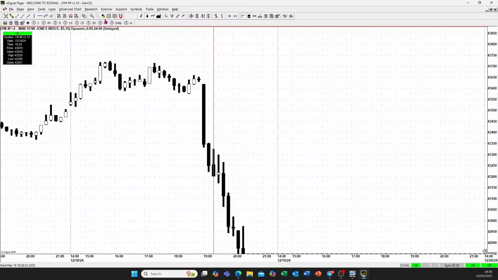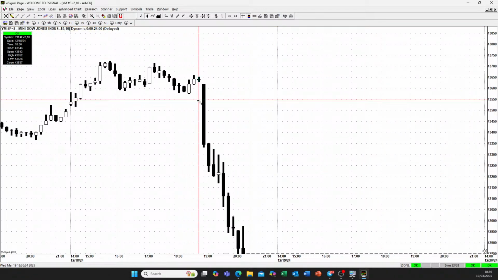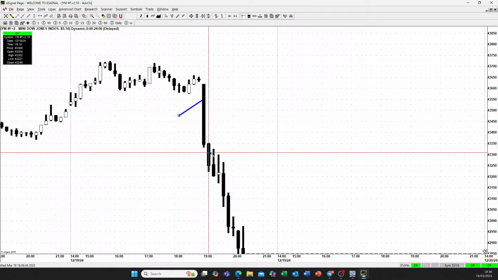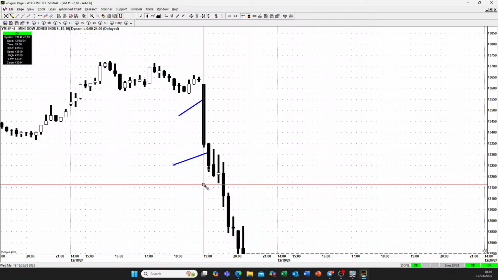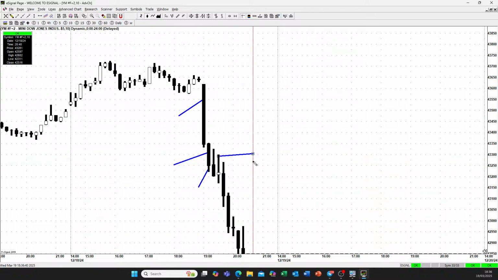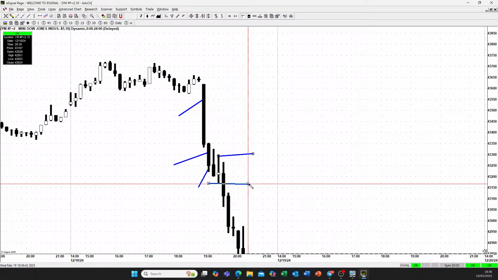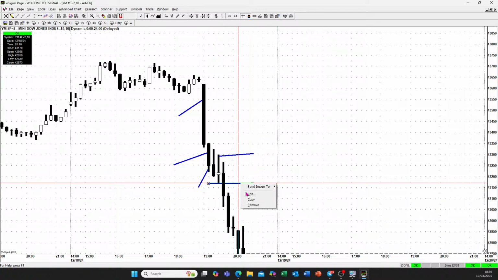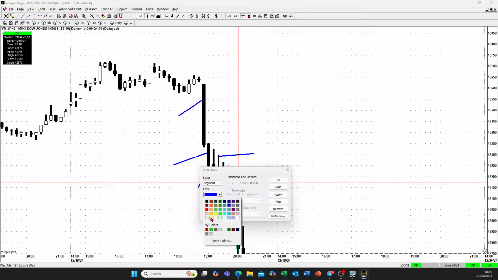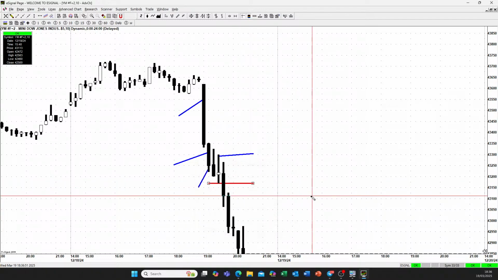So here's the announcement bar, 1, 2, 3, and 4. And I went short the Dow below. So that's how rule of 4 works, based on a 10-minute chart.